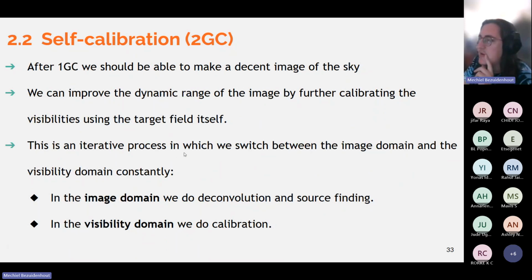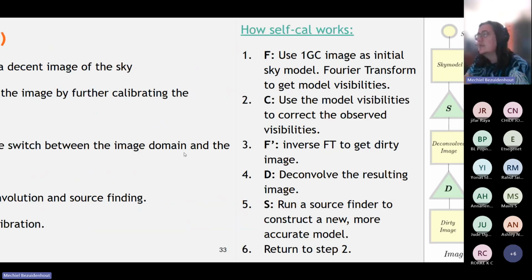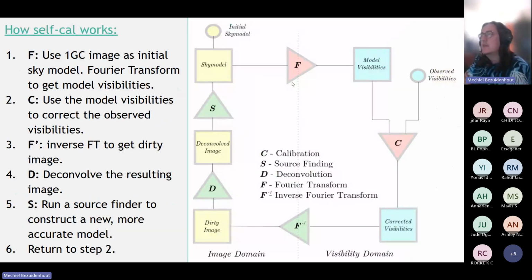So let me show you a diagram of how the self-calibration works. We start here at the top left. We start with an initial sky model, which can be the 1GC image, or you can even just use a point source as an initial sky model. Then you do a Fourier transform of this, which gives you the visibilities of that model.